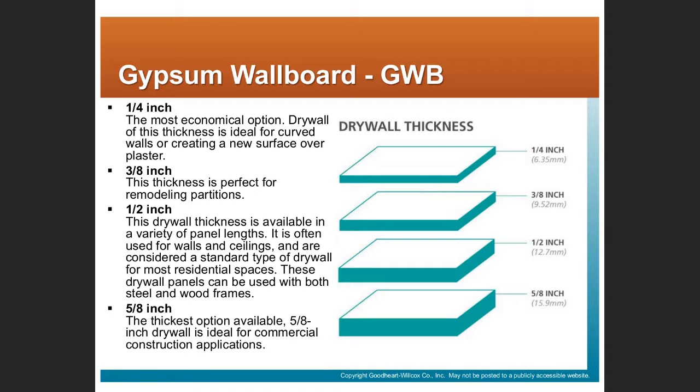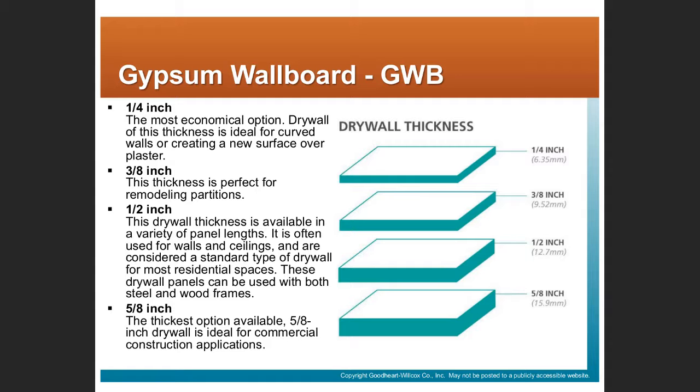How thick is drywall? I put this together here with examples. Probably in residential construction, 1/2-inch drywall will be the most common. You might see 5/8 drywall. You certainly see 5/8 drywall in commercial application.